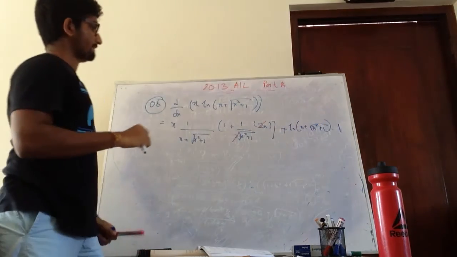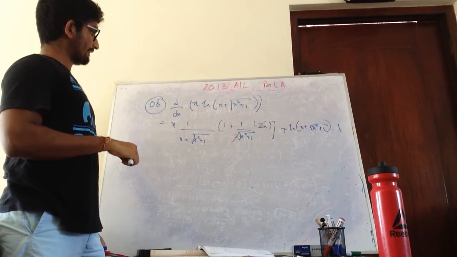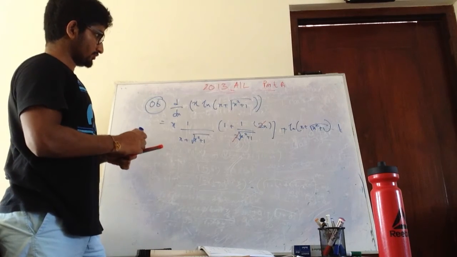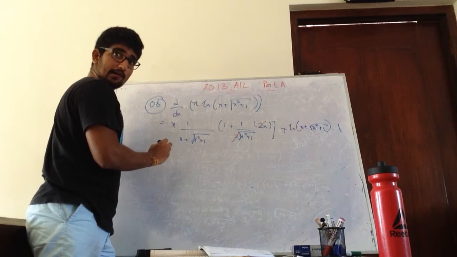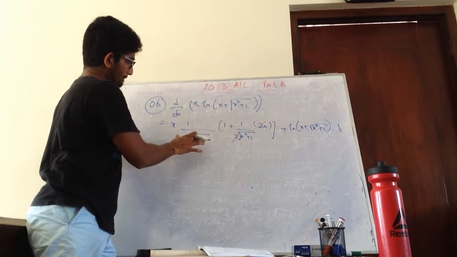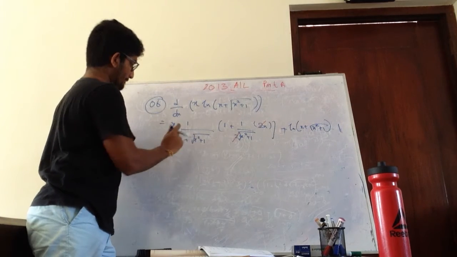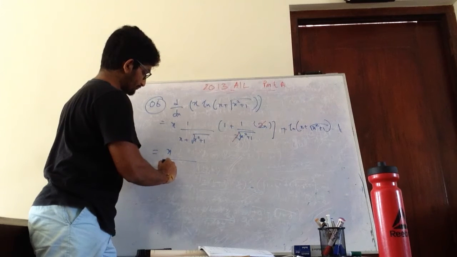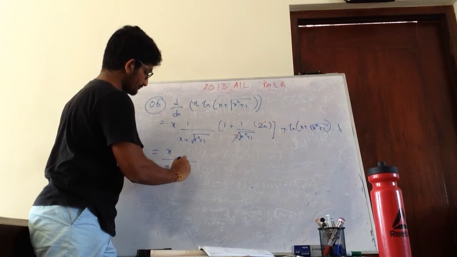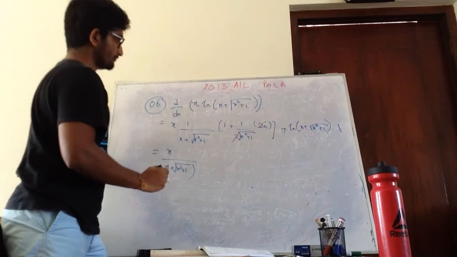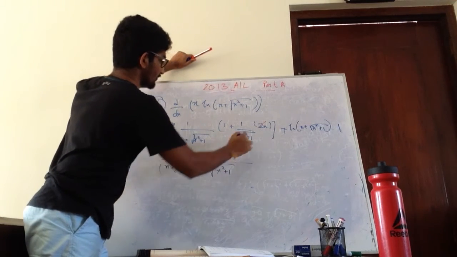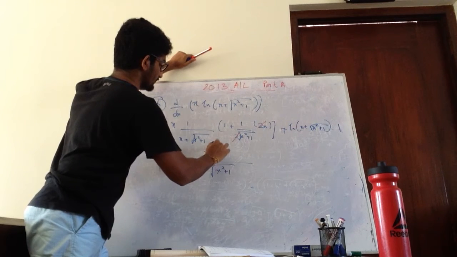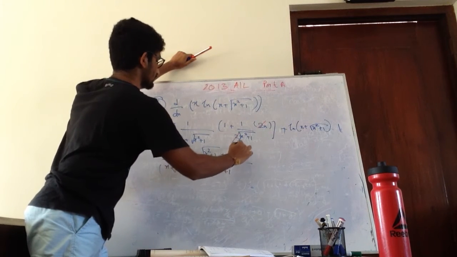Now I'm going to take x square plus 1 square plus 1 plus.